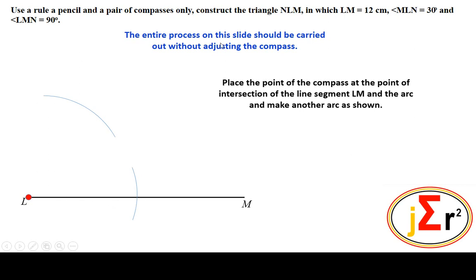The entire process on this slide should be carried out without adjusting the compass, which means that when we put the compass point here and make another arc, what will happen? It means that the distance from here to here is equal to the distance from here to here, and is equal to the distance from here to here.